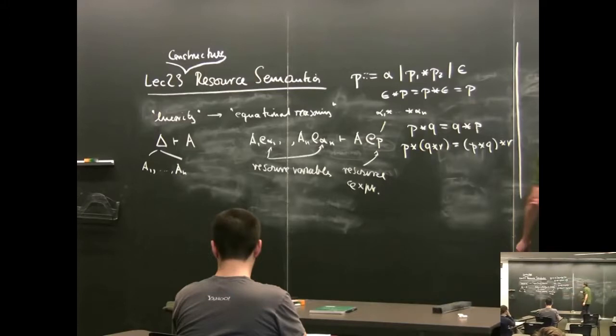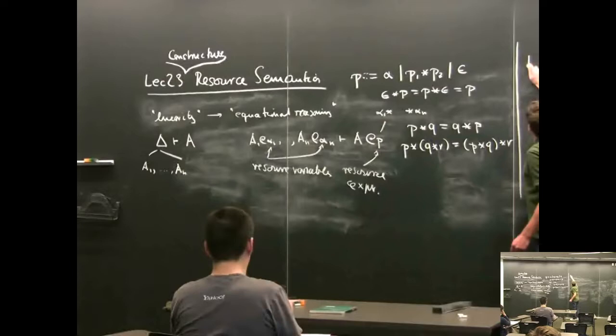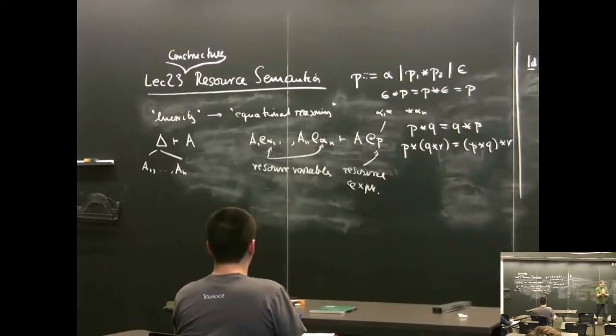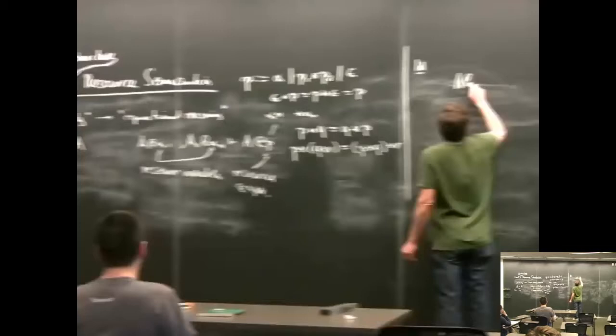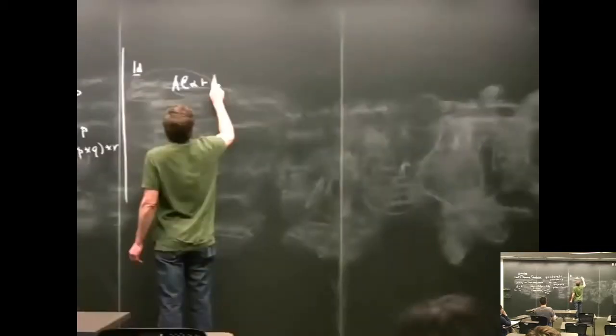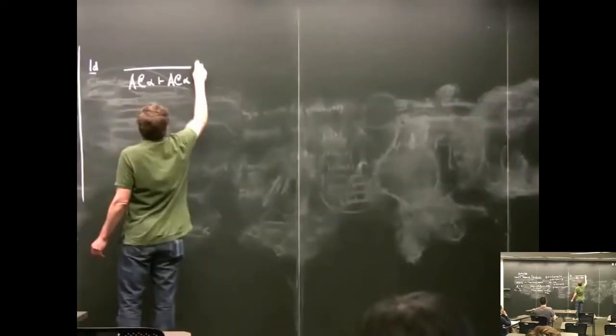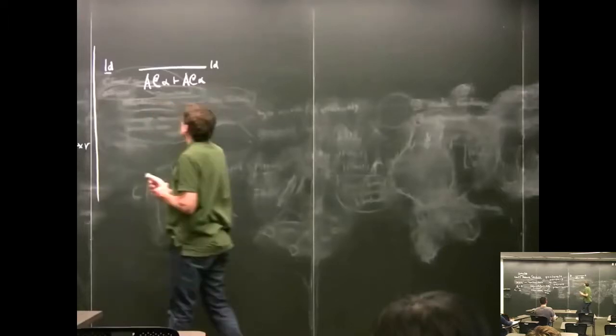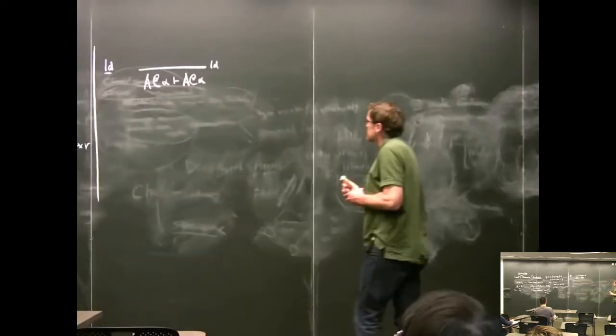So let's start. What is the initial rule, or the identity rule? What does the identity rule look like? Okay. All right, what would be the cut rule?